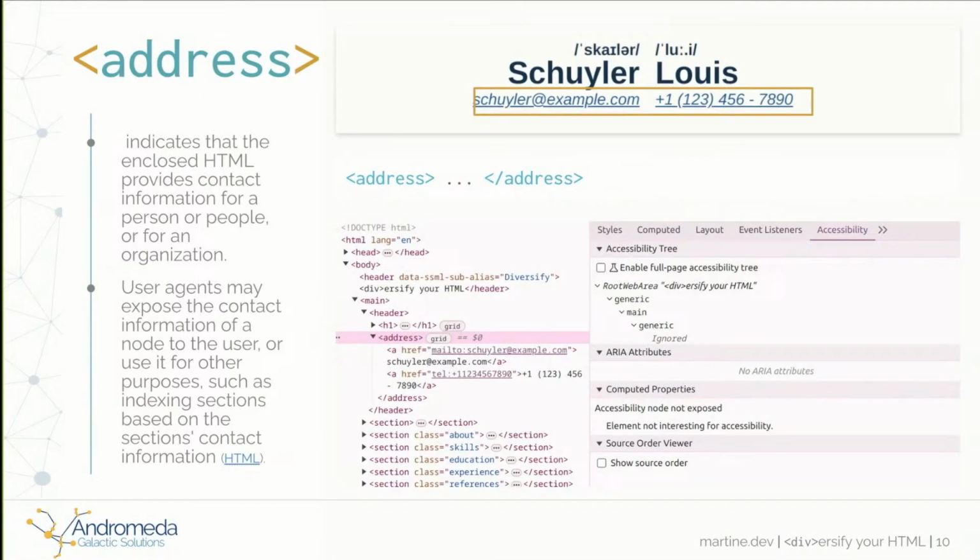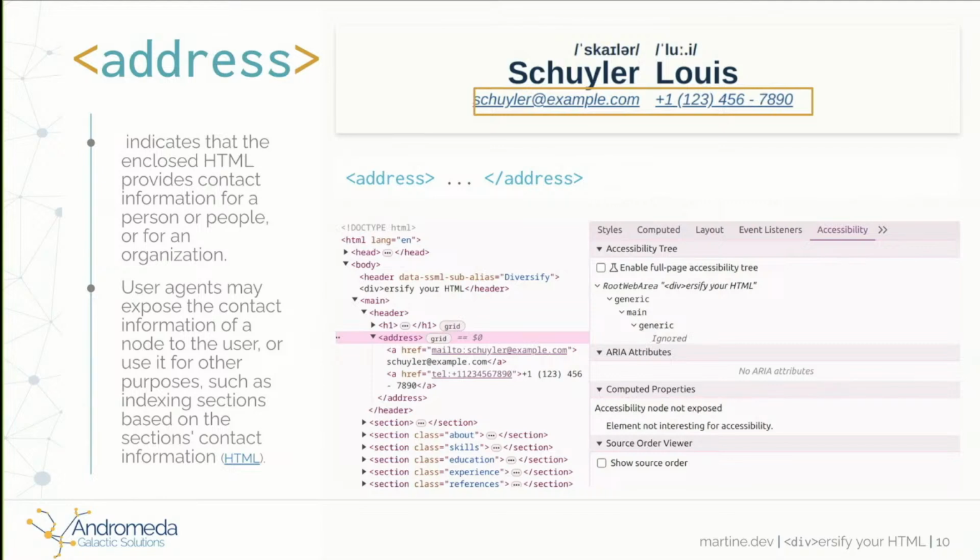What's interesting about it though is that there seems to be some question as to whether or not SEO takes it into consideration, especially when you look at the accessibility tree for it, which is generic. There's really no semantic meaning attached to it.